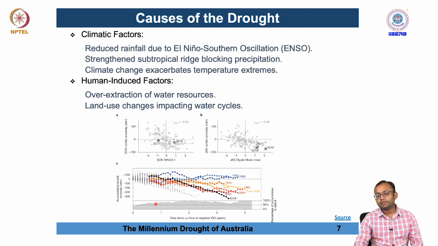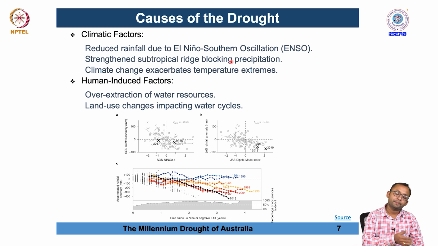The major factor behind the Millennium drought in the Australian region was reduced rainfall due to the ENSO event, strengthened by subtropical ridge blocking precipitation, which blocked a significant amount of moisture transport from one place to another and created relatively drier conditions in certain parts of the region.